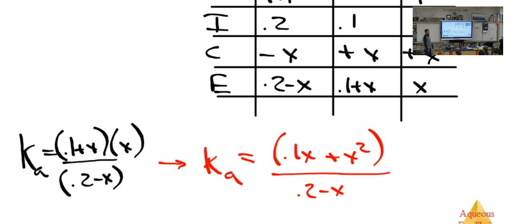And then we would solve for x. How fun does that look? It's not fun. It requires the quadratic formula. No, my friends. We're not doing that. Ever. Ever. You know why?